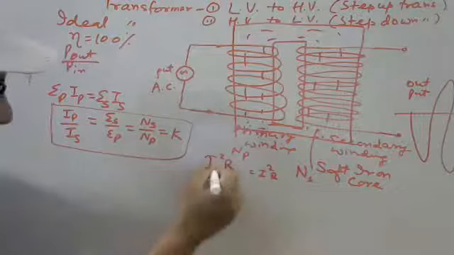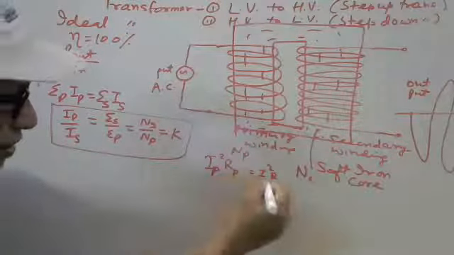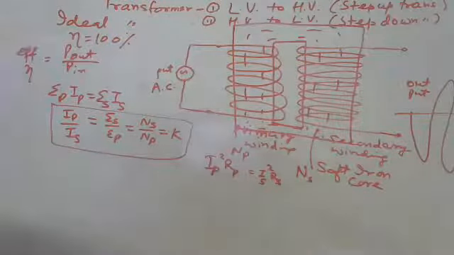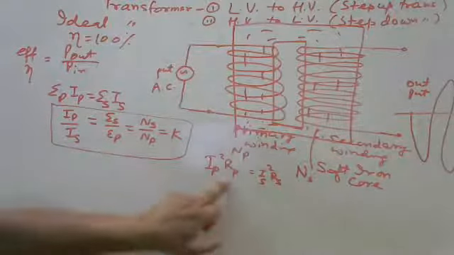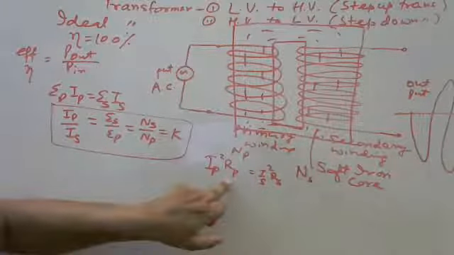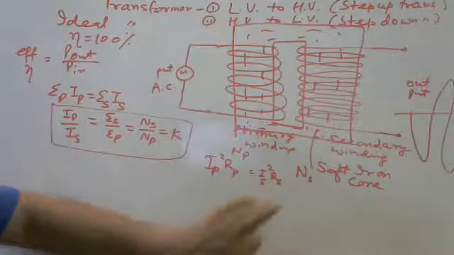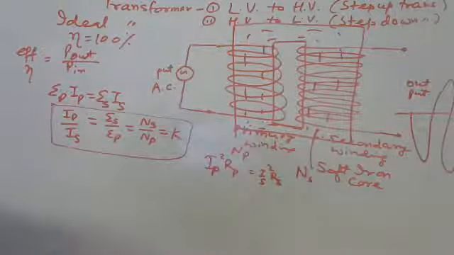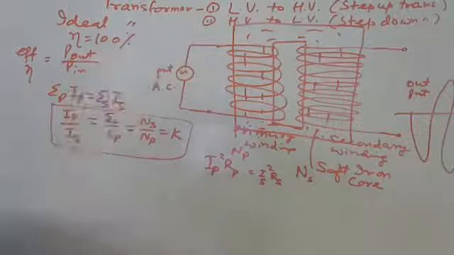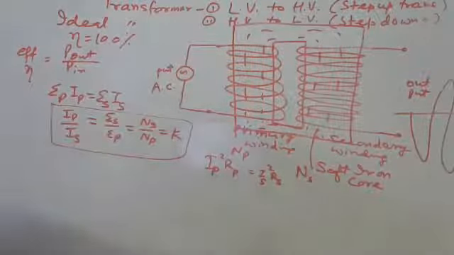Now this is the primary, this is the secondary, suppose. This is the resistance of the primary winding or coil, this is the resistance of the secondary coil or winding. Here we have to reduce the power loss just to increase the efficiency. It is very necessary here.